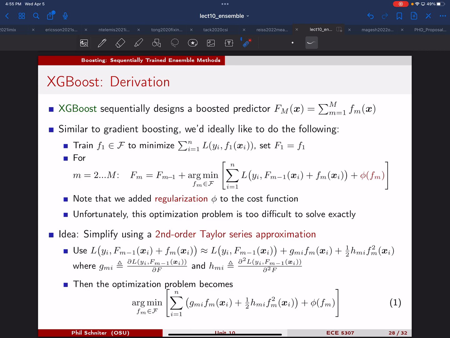But as before, this optimization problem is too difficult to solve exactly, so we're going to have to do some approximation. So we're going to take a second-order Taylor series approximation, like fitting a quadratic. Not really fitting a quadratic, but you know what a Taylor series is. And it's going to be on this loss term.